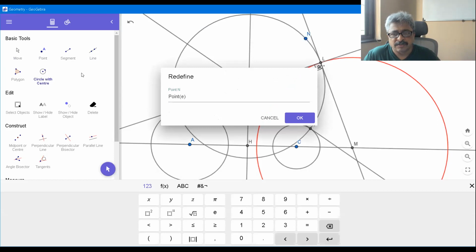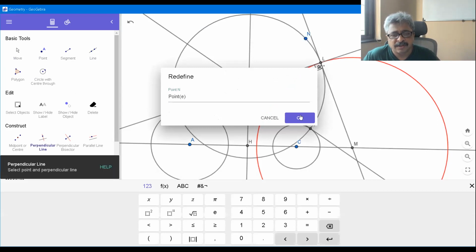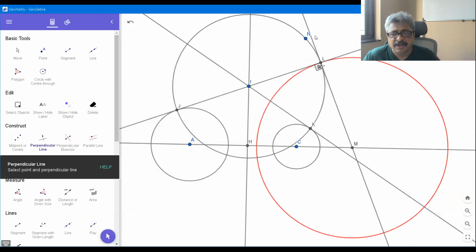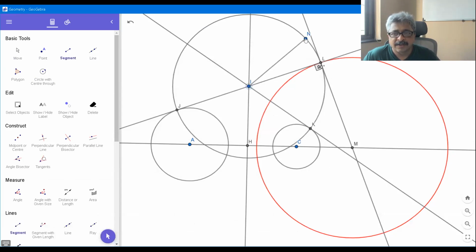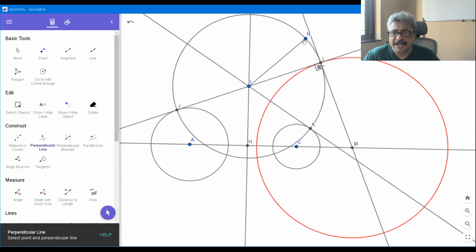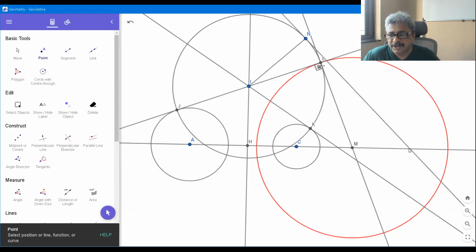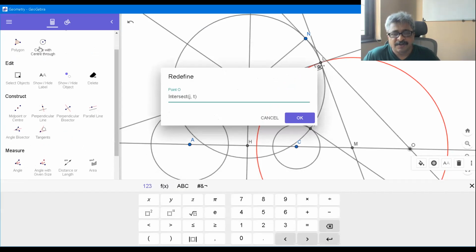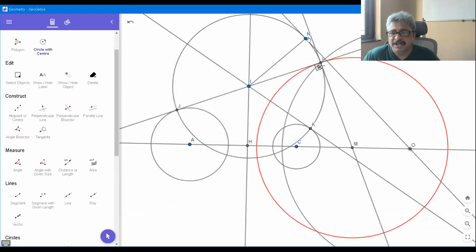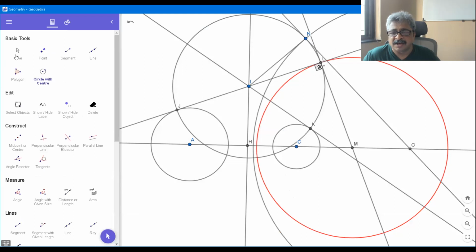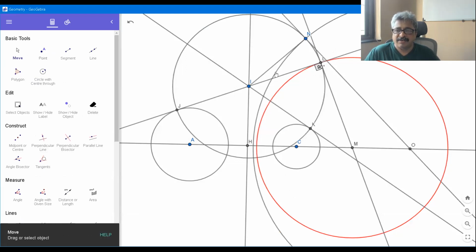Take somewhere closer. Point. Where are you taking? N. Draw IN. Good. Draw a perpendicular at N. Yes. Point of intersection of them. Good. Radius I. Circle. Okay. Very good.